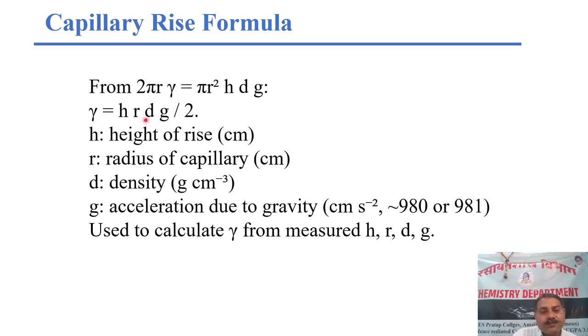Therefore gamma equals h r d g upon 2, where h is the height of the liquid rise in the capillary in centimeter, r is the radius of the capillary in centimeter, density of the liquid is expressed in gram per centimeter cube, and g is the acceleration due to gravity, expressed in centimeter per second square, with a standard value of 980 or 981, used to calculate gamma from measured h, r, d, g values.